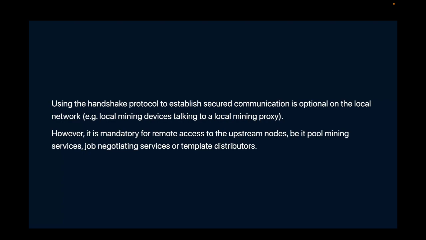So for example, there are local mining devices talking to a local mining proxy. They're all in a local area network in the same farm. And if this local area network is assumed to be safe, if there's no reason to believe that an attacker could have infiltrated this network, then the handshake protocol is optional there.